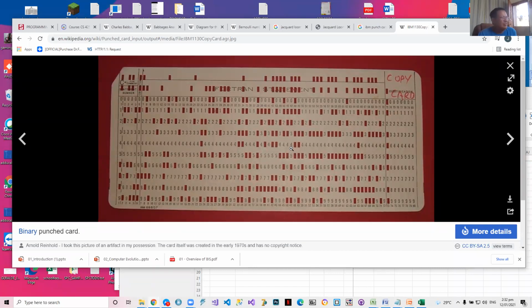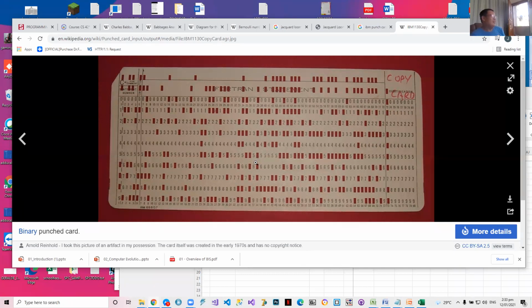Kasi sa design ni Charles Babbage, read the card, execute. Read the card, execute. Ayaw ni Von Neumann yun. Ang gusto niya, we load all the cards one time into memory and execute them one by one from memory.